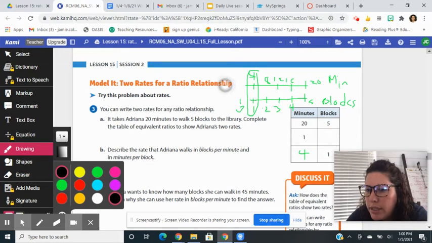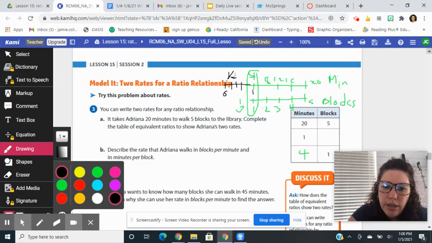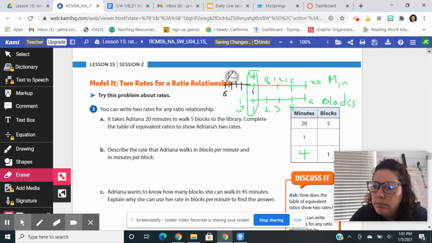I'm going to break this down, and we have 0 here, 0 minutes, and here's our 1 minute, okay? And I'm going to break this down into 1, 2, 3, 4, because we're talking about the relationship of 4. So that means it's going to be 1/4. Let me write that here.